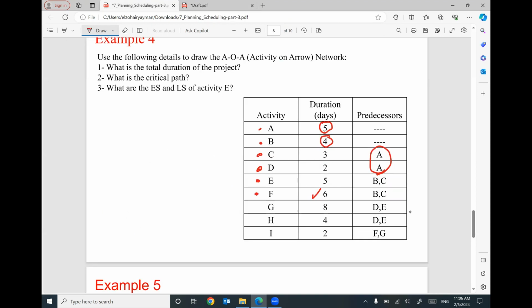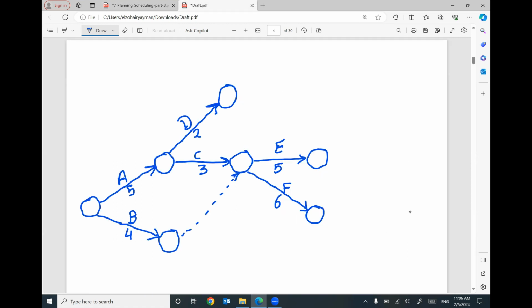The next activity is G. G has predecessors D and E. So I can draw a dummy activity like this and start to put G like this, with a duration 8.